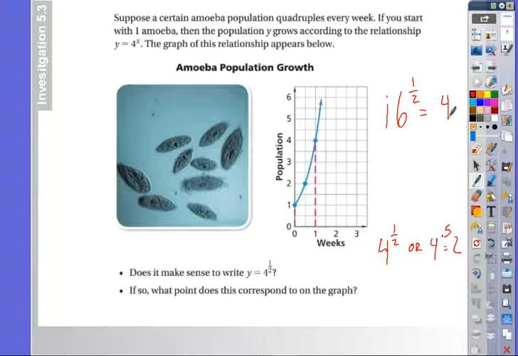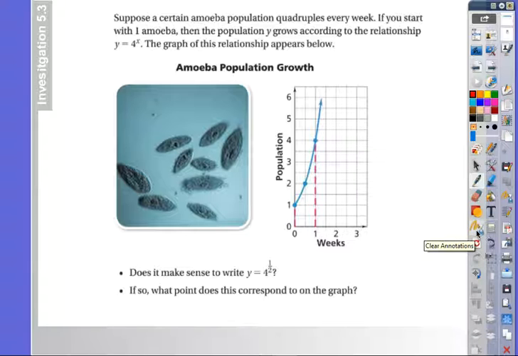So really what's happening when we are taking a base to 1/2? What are we really actually doing in this problem, Luke? We're finding the square root. So 16 to the 1/2 is equivalent to saying the square root of 16. Okay? Let's try something similar.